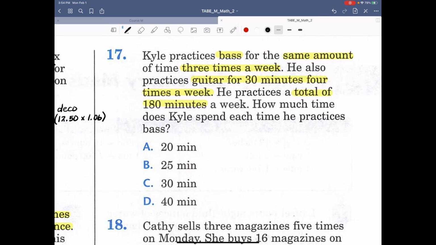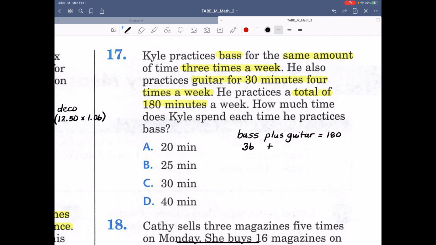So let's write that. We have the bass plus the guitar. That's what total means. Plus is 180 minutes. We know that he practices 3 times a week on the bass, but we don't know how long.